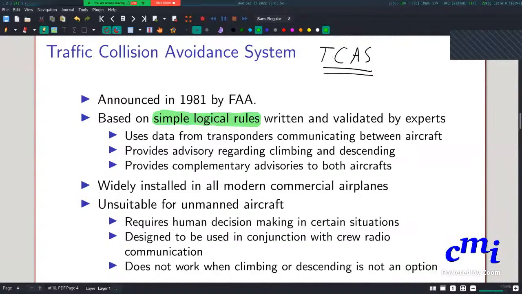These rules were written by experts and validated by experts. Since it's just a list of rules, it's not very hard to validate from the perspective that we think about validation or verification, but the rules themselves have to be sound. So that was validated by domain experts, pilots, and aviation experts, who wrote down and cross-checked that the rules are good.